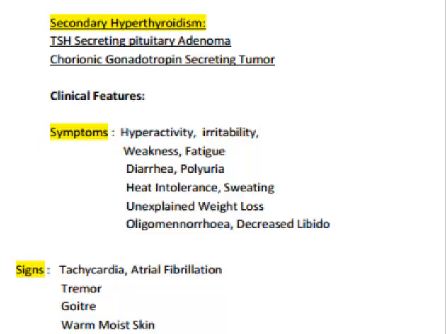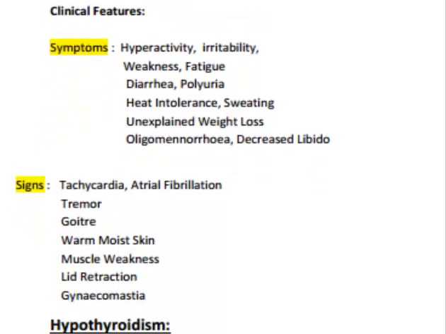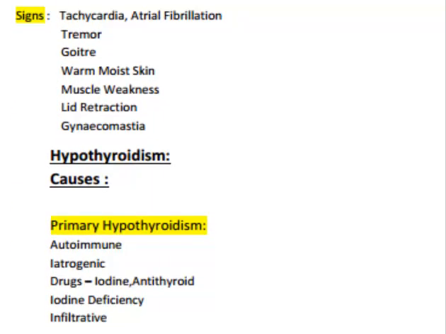What are the signs? Signs are tachycardia and atrial fibrillation, tremor, goiter, warm moist skin, muscle weakness, lid retraction, and there may be also gynecomastia.